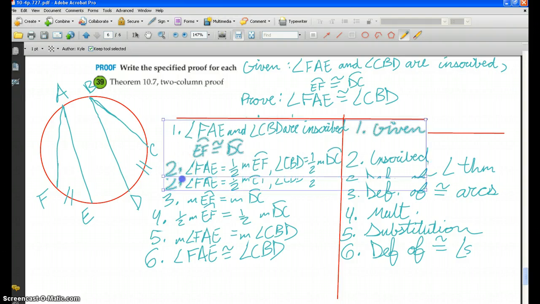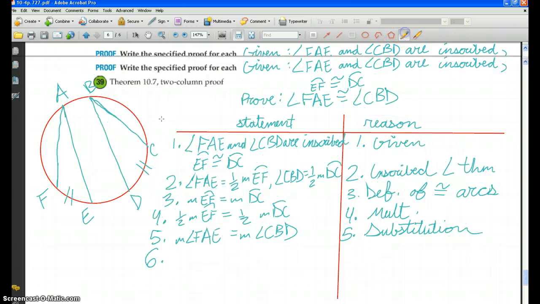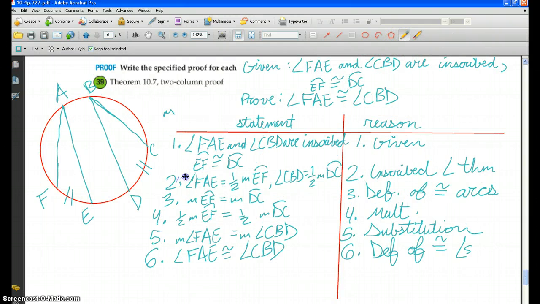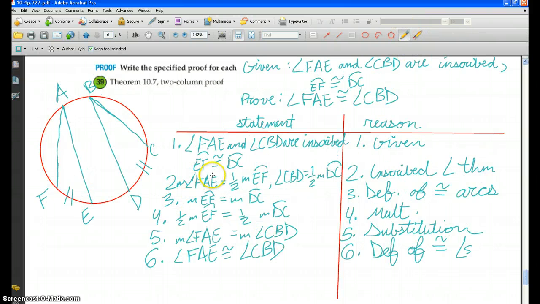And I should have put measure back here. So the measure of angle FAE is equal to half the measure of its intercepted arc. Likewise, the measure of angle CBD is half of its intercepted arc, which is CD. That's by the inscribed angle theorem.